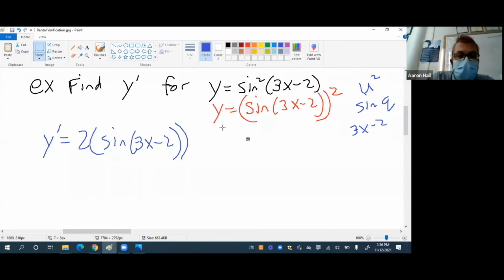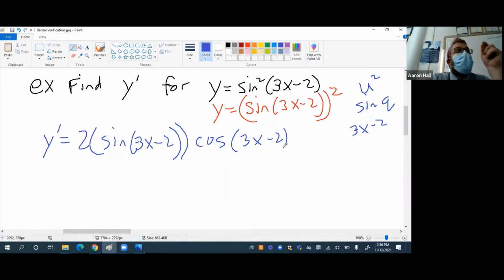So I have times cosine of q, but it wasn't really q, it was cosine of this 3x minus 2. Now, what is the derivative of the inside function? It's 3.